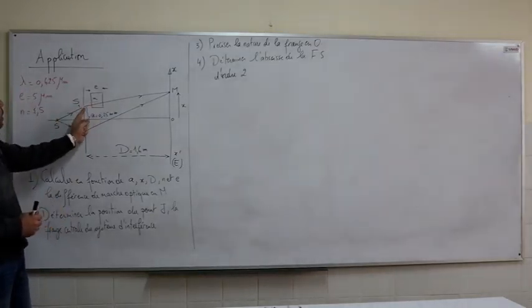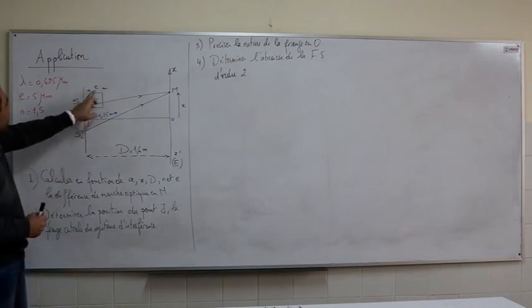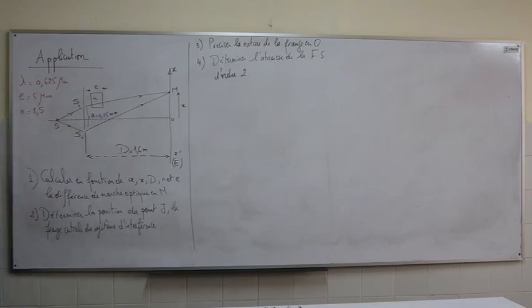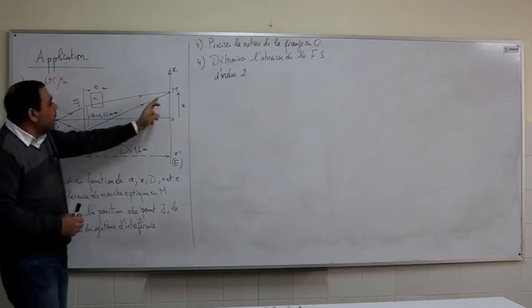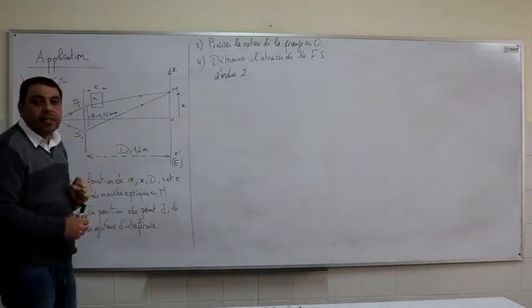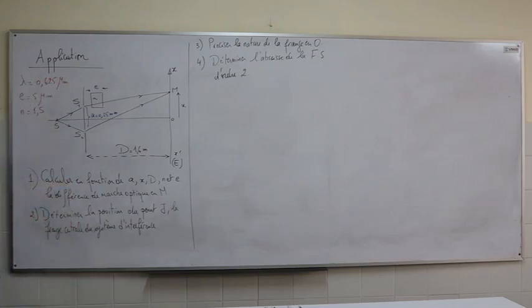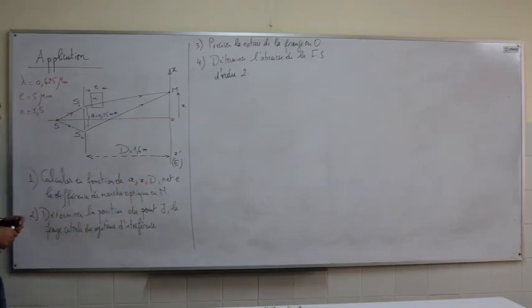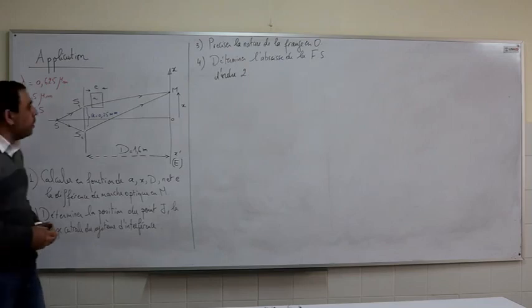The thickness of the plate covering S1 is e equals 5 micrometers, having an index of refraction 1.5. The radiation emitted by the source S has a wavelength lambda equals 0.625 micrometers. M is a point on the observation screen having an abscissa x. In the first question, calculate as a function of a, x, D, and e the optical path difference at M.